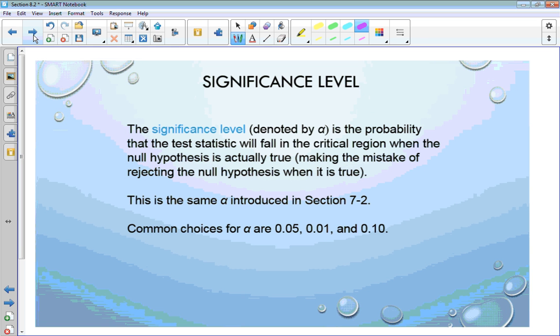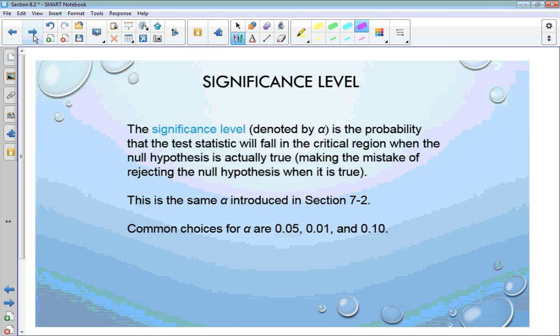So again, that significance level is denoted by alpha. It's the probability that the statistic will fall in the critical region when the null hypothesis is actually true. So we want to make sure that what we get is correct. If we put out to the ends these little critical areas, and it falls in the critical area, we would be making this mistake of rejecting the null hypothesis when it's true.